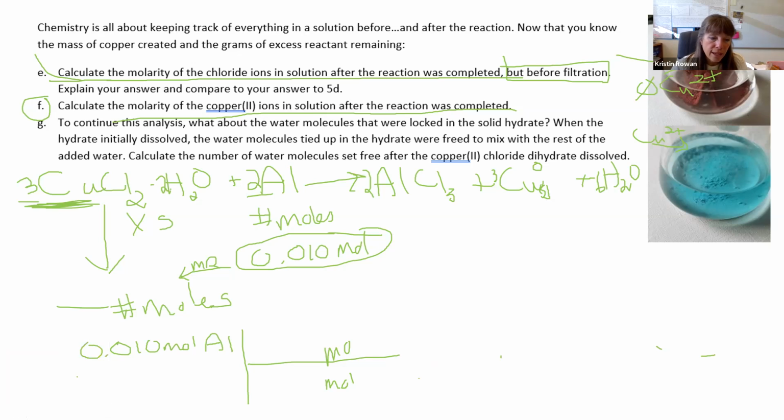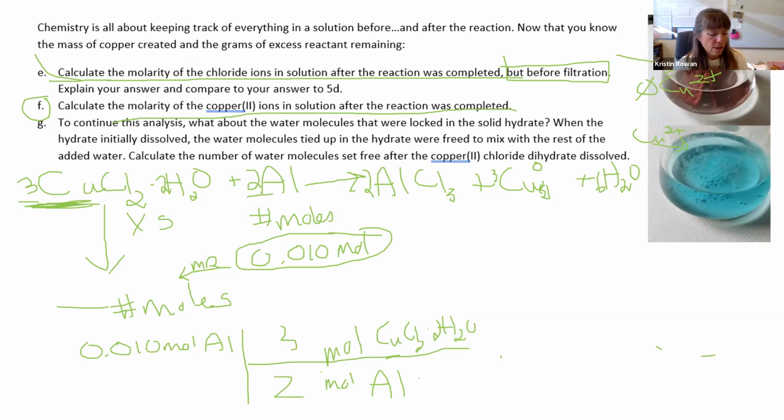And you know how I caught that, and this is where dimensional analysis happens, because we just get into overdrive, you know, we're on cruise control. I should have put aluminum down here and copper chloride dihydrate up there. Anyway, it happens. So now I have to change my numbers, because now it's 3 to 2.